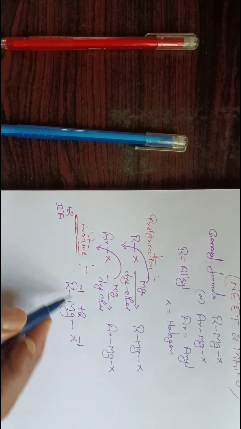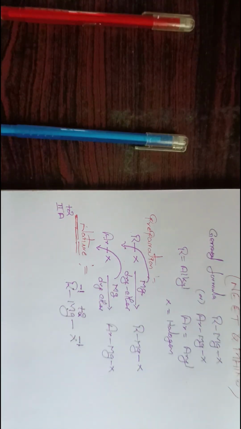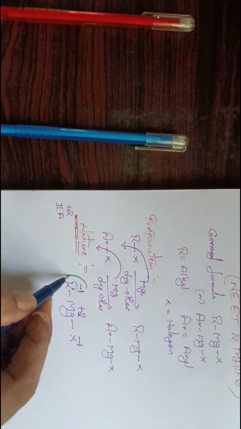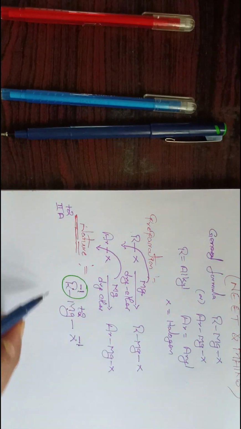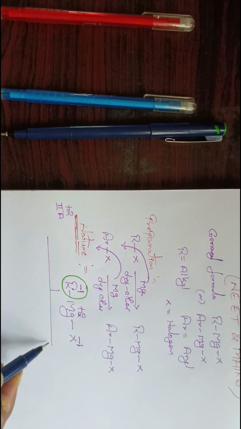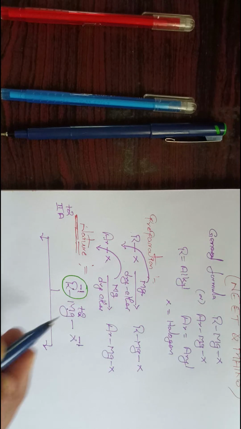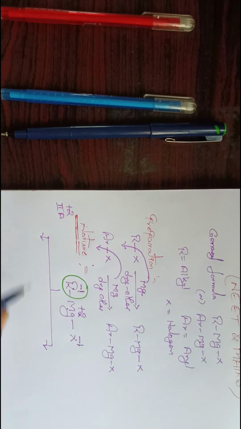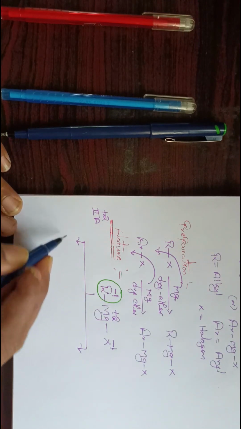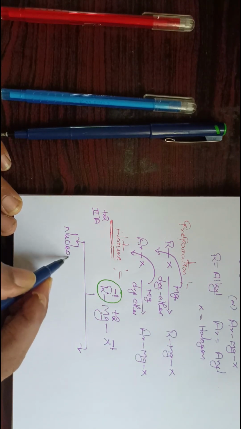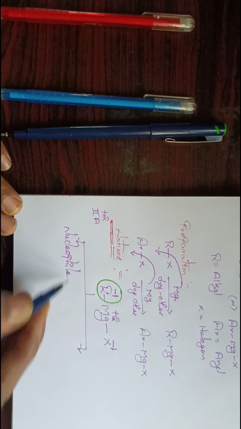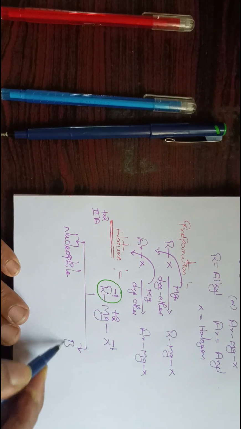So in the Grignard reagent, what is the charge on the R? Negative charge. So carbon having the negative charge may act as a nucleophile based on the reaction condition, or it may act as a base.